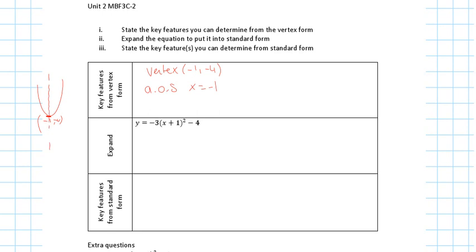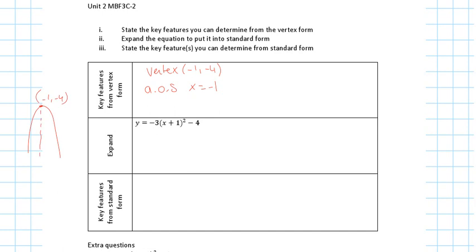Is it supposed to be opening up? No. Which way is it supposed to be opening? Down. So I messed up with the graph, huh? Because it's a negative a, right? Yeah. Okay. So my axis of symmetry is x equals -1. How about -4?